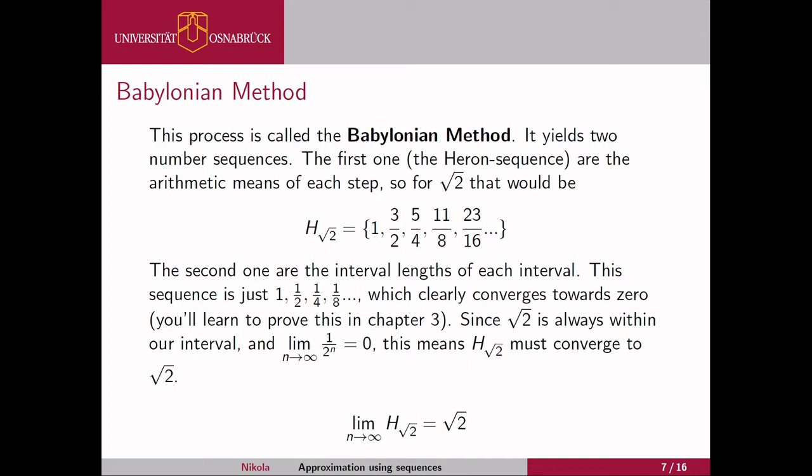And since root 2 is always within the interval, because we pick the interval root 2 is in, this means our initial sequence, the Heron sequence, has to converge towards root 2. I think this is a pretty elegant way of showing that your approximation converges. And since it does, this means that here at hand we have a rational approximating sequence for root 2.